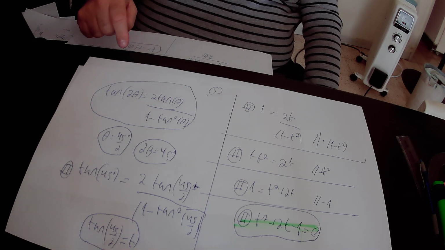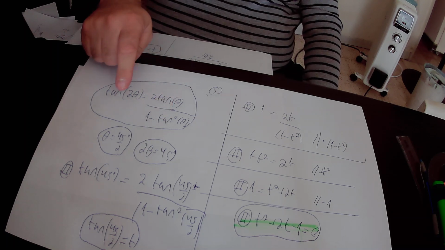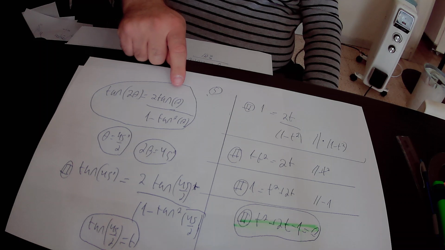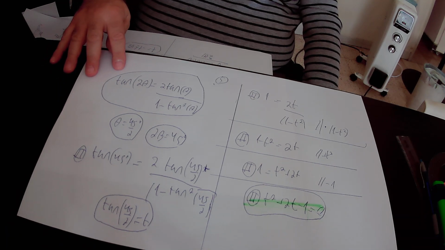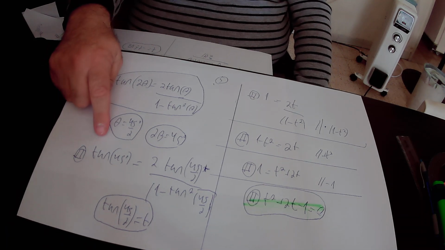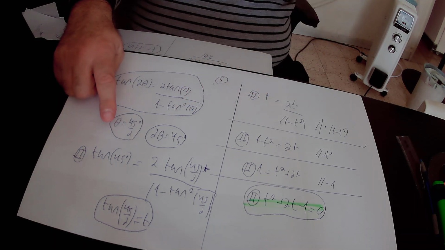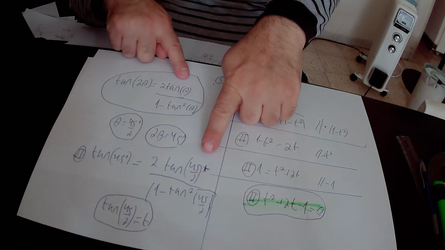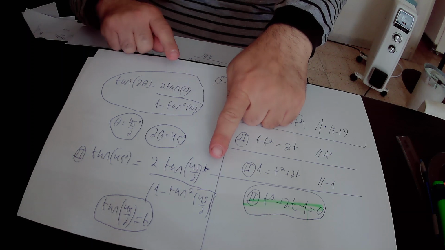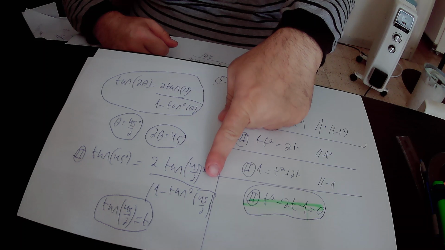In the next step, we substitute 2 theta by 45 degrees, and theta by 45 over 2 degrees in this trigonometric identity.